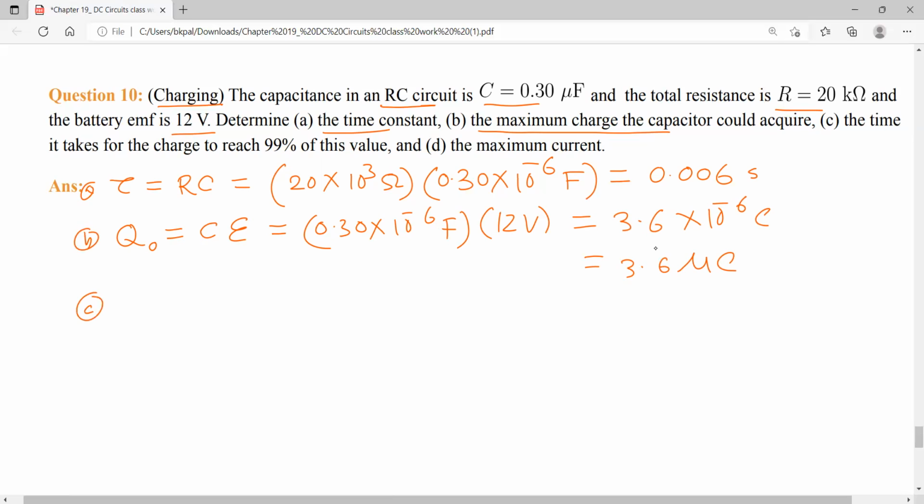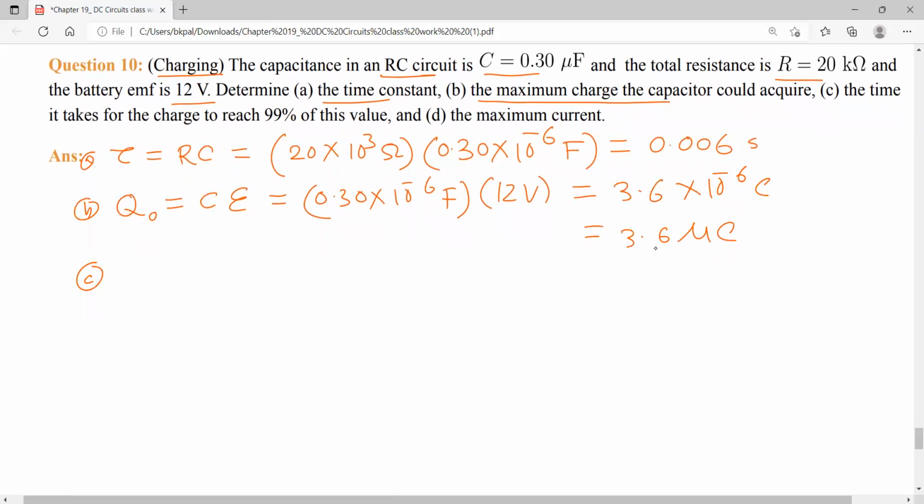C tells us how long it takes for the charge to reach 99% of this value. Basically I want to know what the time is. So we need this equation: 1 minus e to the power minus t over RC, equals 99% of Q0.